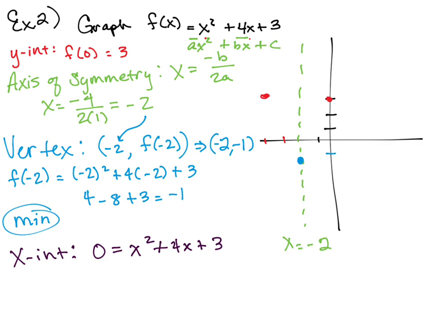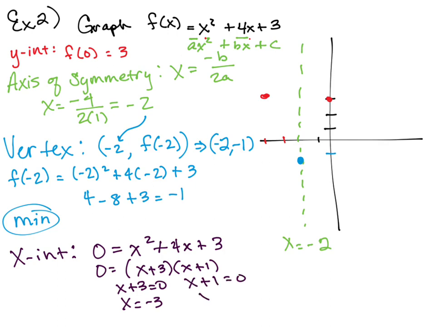Are there factors of 3 that make 4? 3 and 1. Nice, right? So 0 is equal to x plus 3 and x plus 1. I set each piece equal to 0 and solve for x. X equals negative 3 and x equals negative 1.